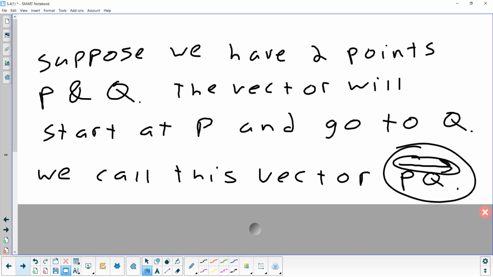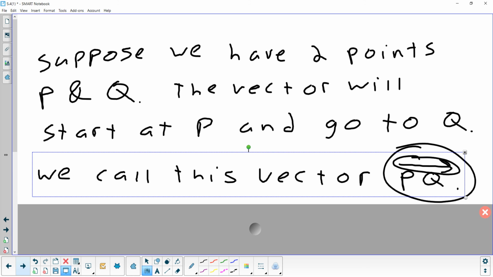This symbol right here doesn't actually mean it's going to the right. An arrow to the right above 2 letters in geometry just means that the 2 letters below it represent a ray, an initial point and a starting point. So if you wanted to represent something going from Q to P, you would do this: QP under the ray.